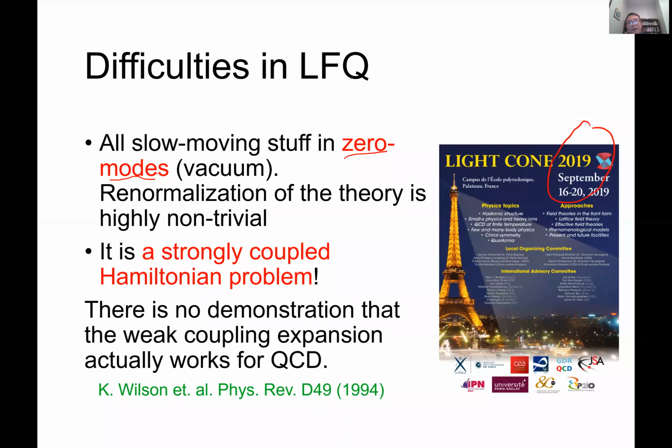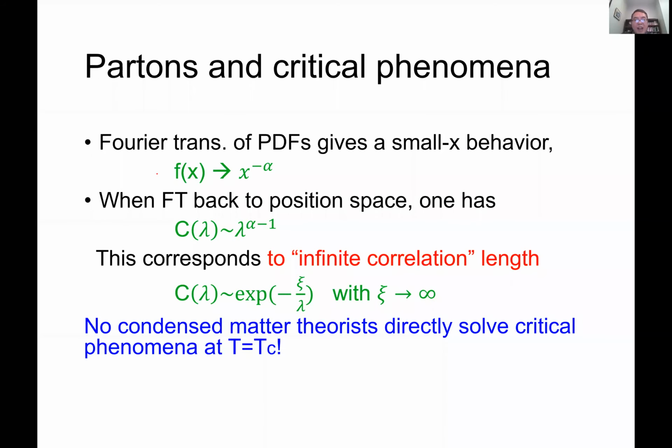Now, one of the difficulties in solving Parton physics is an analogy with critical phenomena. Many people here know that the Parton distribution at small x goes like x to the minus alpha, where alpha is determined by Regge physics.